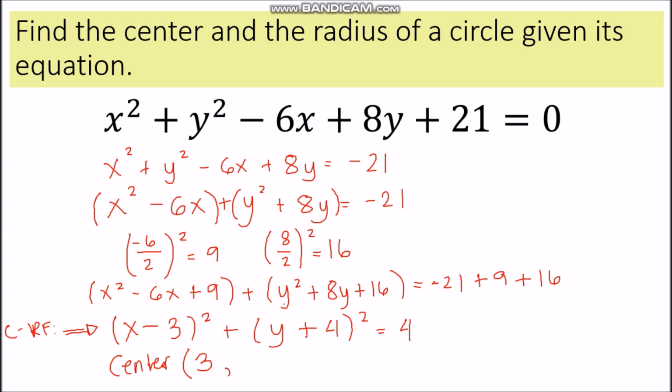For k, since this one is positive, we get the opposite sign, and that is negative 4. For the radius, all we have to do is get the square root of the constant term here. Since this is 4, the radius is equal to 2.